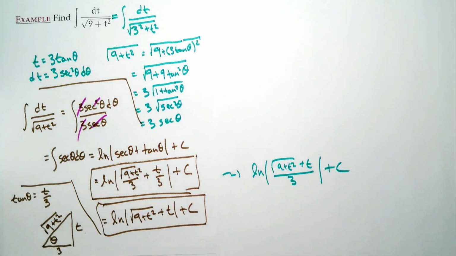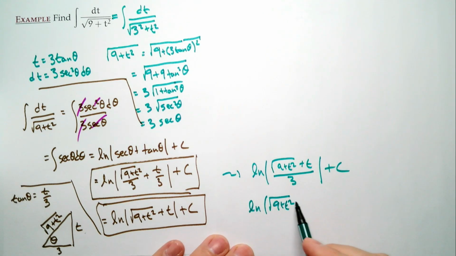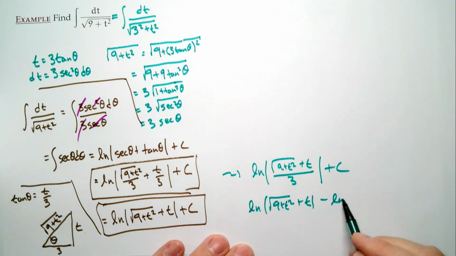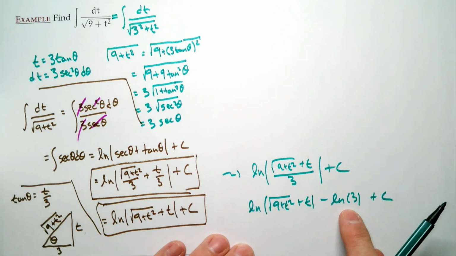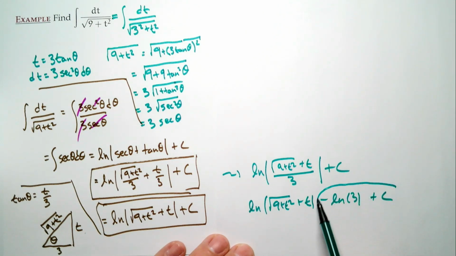Common denominator of 3. Now what happens when you have a log of something over something? It becomes subtraction. So this can become log of square root of 9 plus t squared plus t minus log of 3 plus c. Well, but what kind of thing is log of 3? It's a constant. And constants are pretty good at absorbing constants.